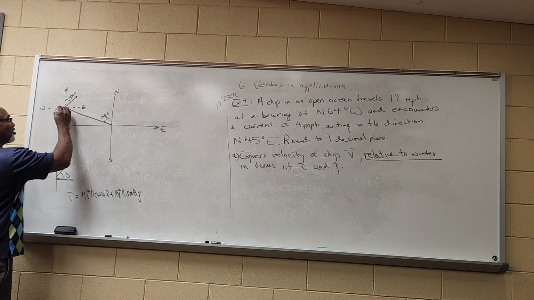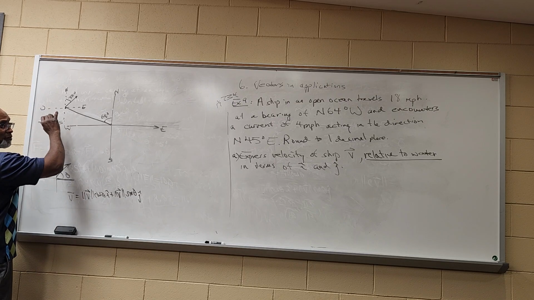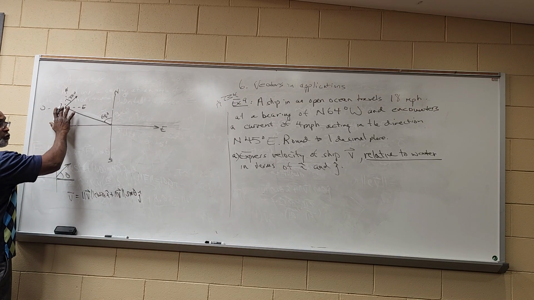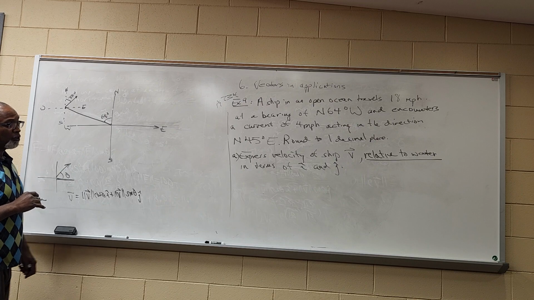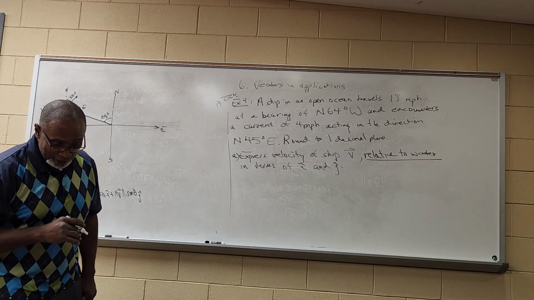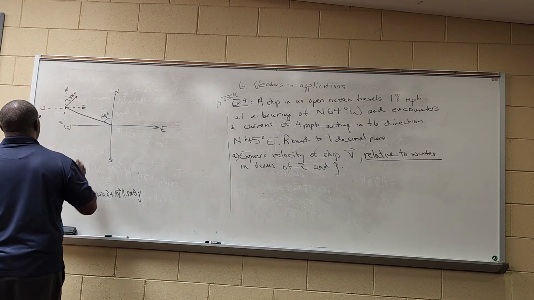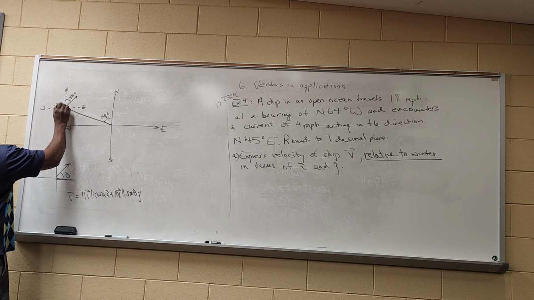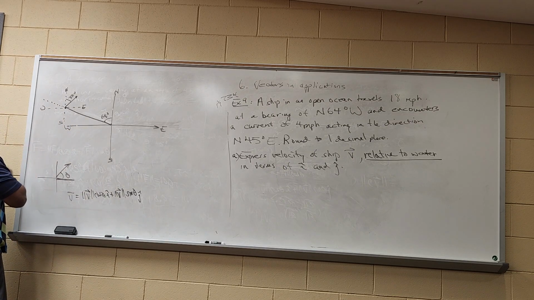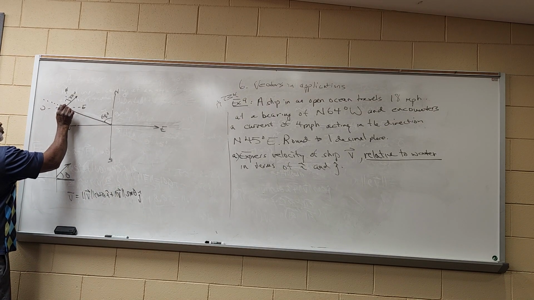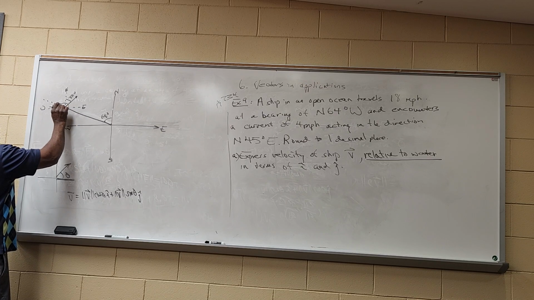So now, think about this ship. Again, I want the ship's velocity relative to the water. So if I think about this ship on this 64 degree thing, the ship's angle would go from here to there.